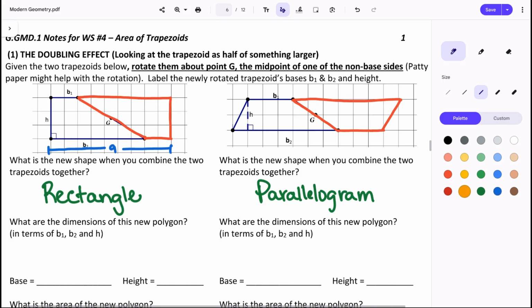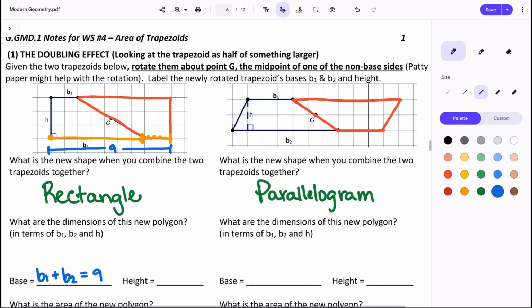This part of it, from this dot to this dot, was from the original trapezoid on the bottom. So that was my original base 2. And then from here to here, that came from my base 1, because when I rotated it, I added that on to the bottom. So down here where it says base, I'm going to write this out as base 1 plus base 2 is equal to 9. That's how I got that whole distance across there.